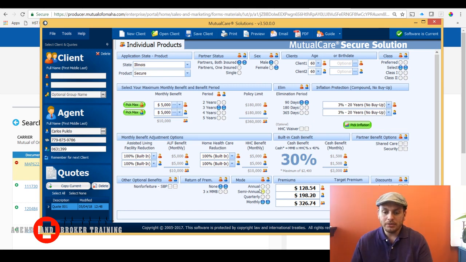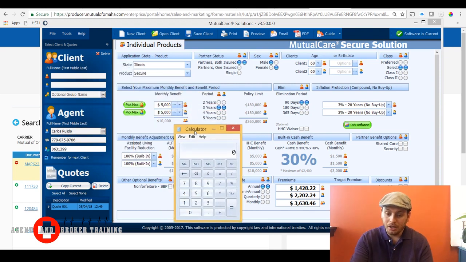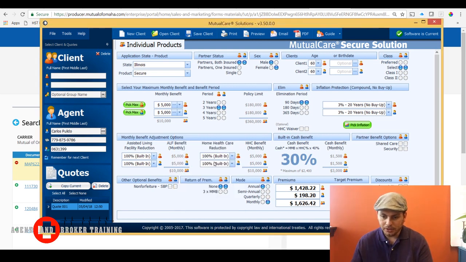Okay, so the mode. Obviously, we can do annually, semi-annually, quarterly, or monthly. I don't think there's any benefit. Let me do the math. The premium's going to be the same regardless if you do an annual payment or a monthly payment. So let's see, 3630.46 divided by 12. That's 302.58. Let's see what happens here.